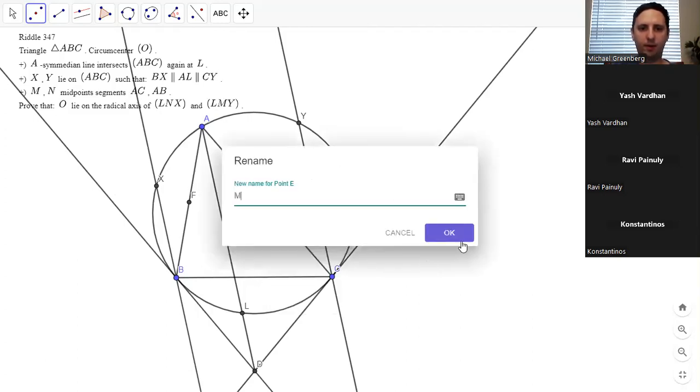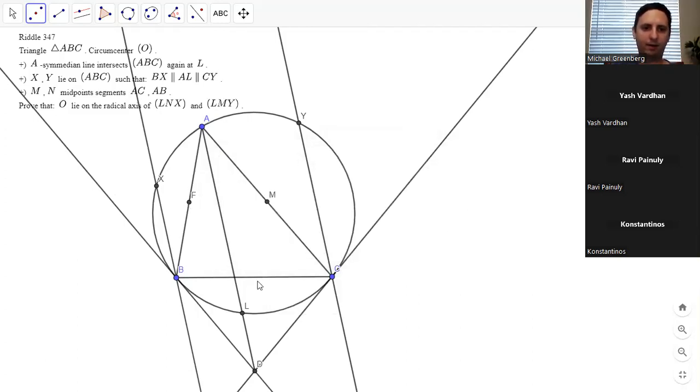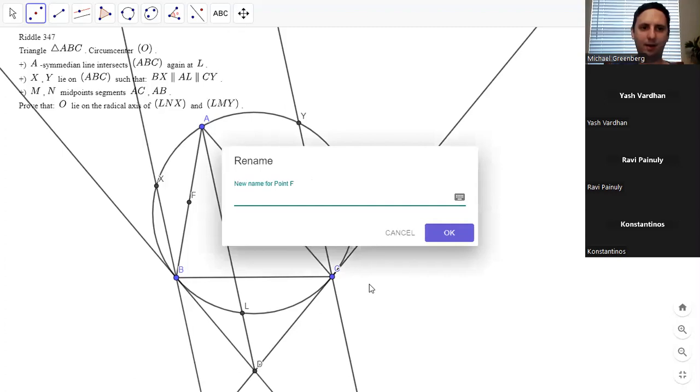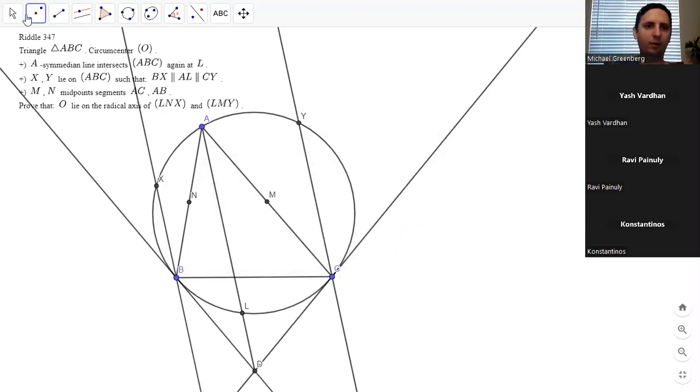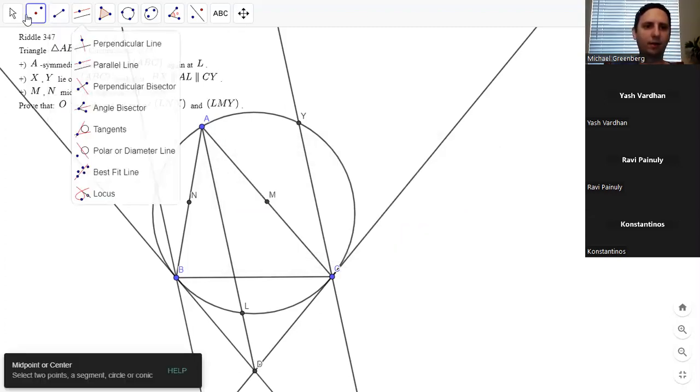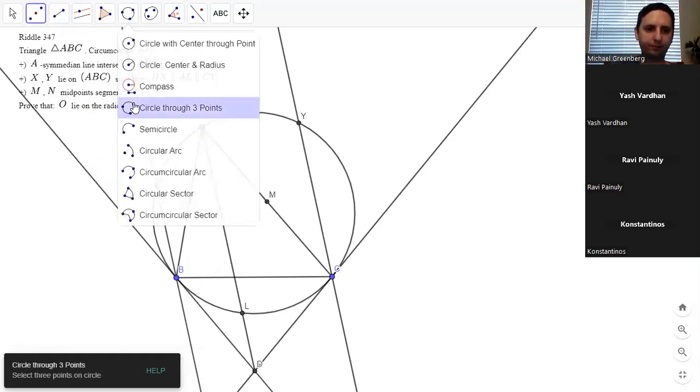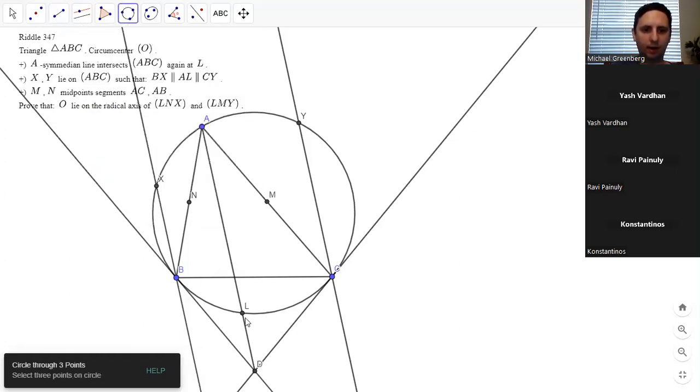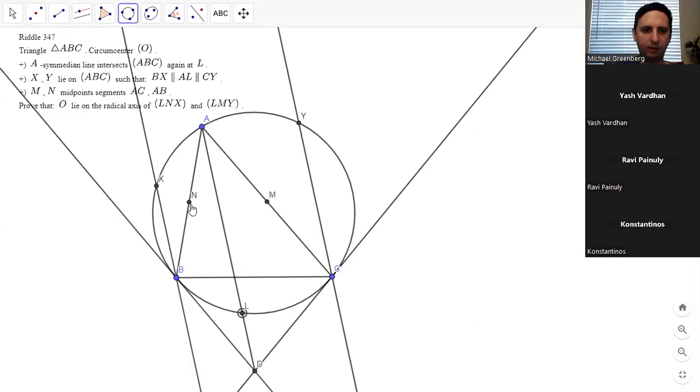This is M, and this is N. And we want to show that O is on the radical axis of two circles, LNX and LMY.